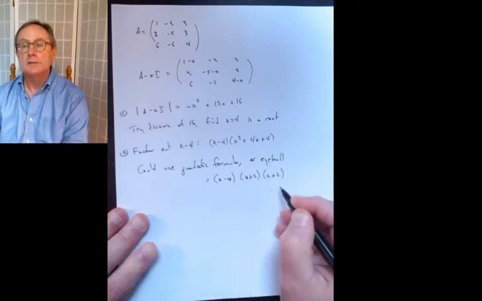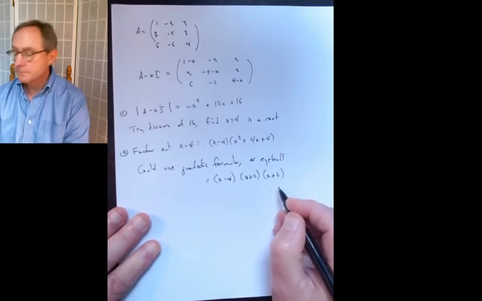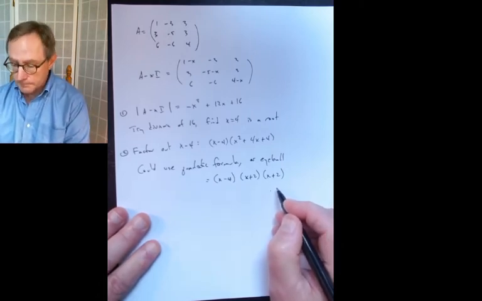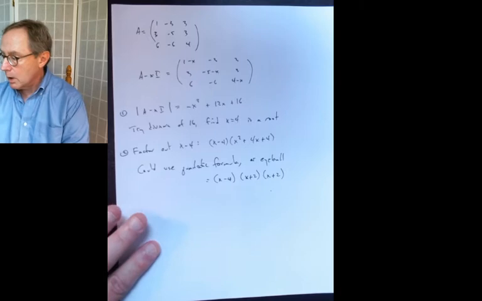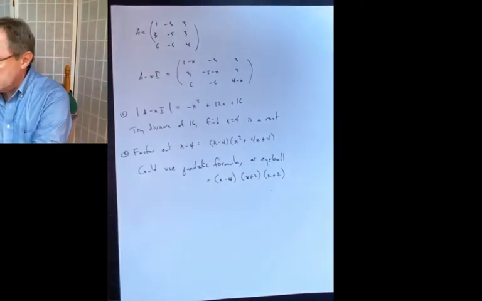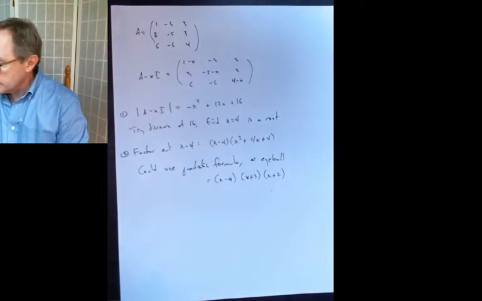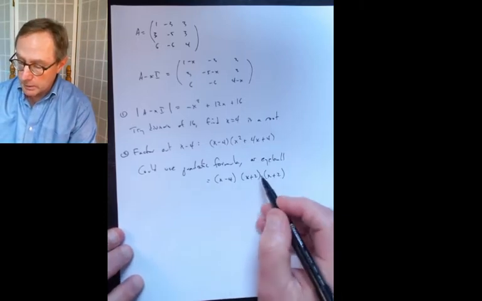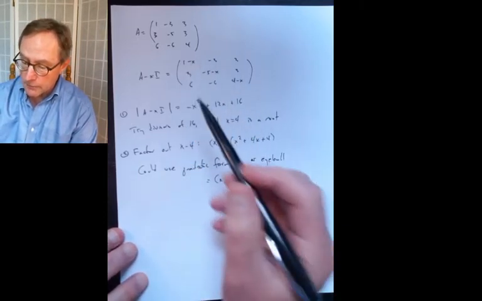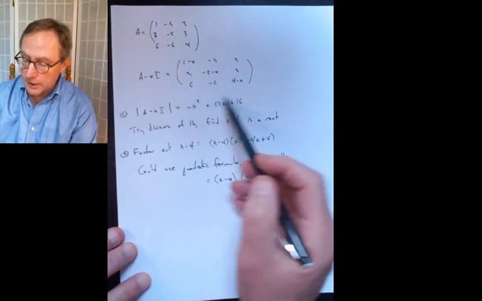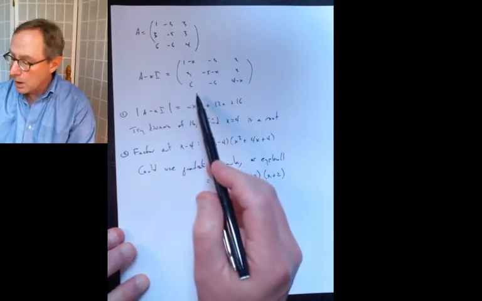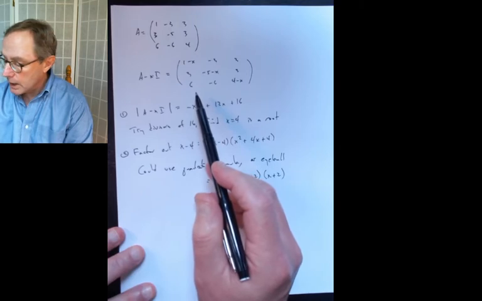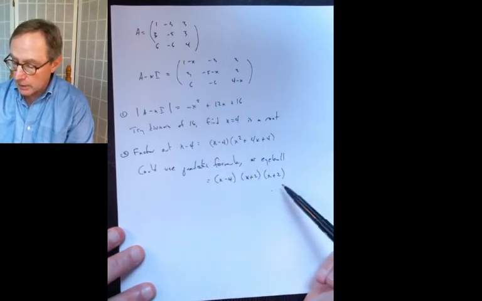That is to say, minus 2 is a repeated root. Okay. So next I need to figure out what are the eigenvectors associated with an eigenvalue of 4, and what are the eigenvectors associated with an eigenvalue of minus 2.